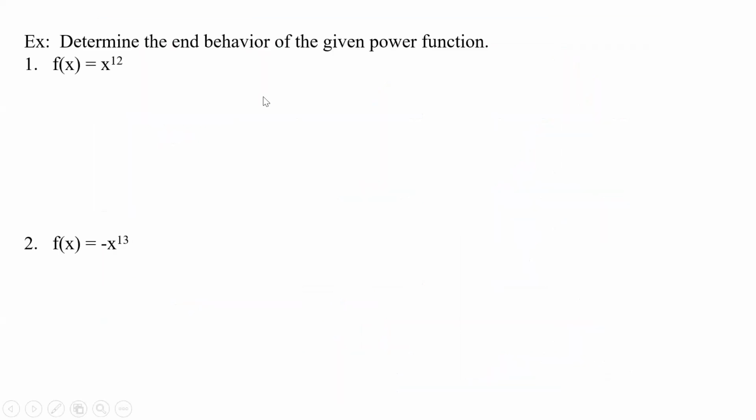So what we want to do is be able to look at any power function and say, okay, what is our end behavior for the given power function? Here we have x to the 12th. So what we know is that n is even. We also need to know what k is. Well, k is greater than 0.